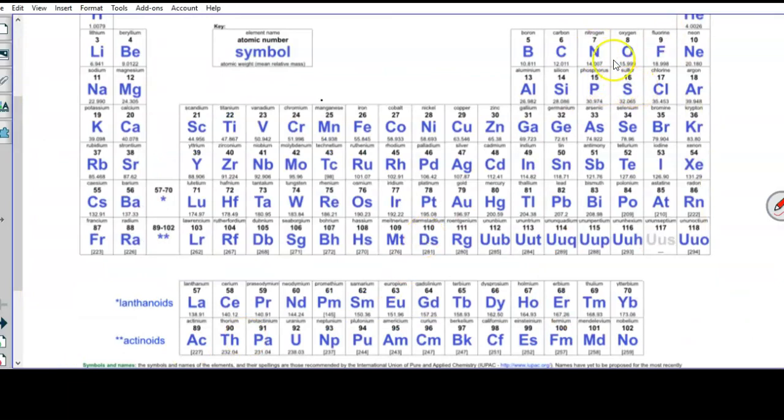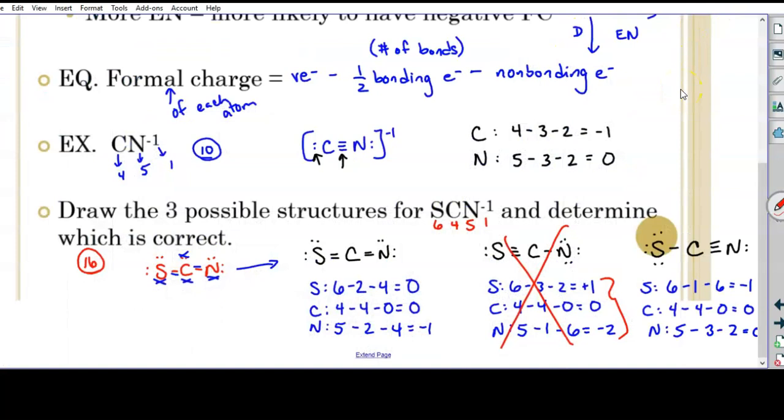Here's N, here's S. Electronegativity increases across and decreases down. N is going to be more electronegative. So because N has a greater electronegativity than S, N is more likely to be negatively charged. Therefore, this structure would be more plausible and more correct.